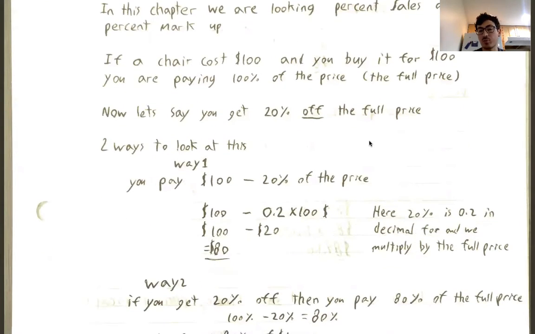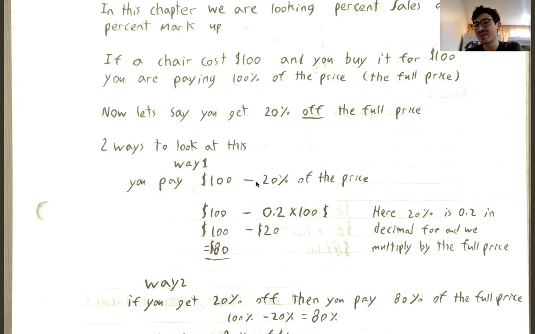We have $100, and now we're going to get 20% off. So that keyword off means you're going to remove it, so we're going to have a minus. We've got $100, and we're going to minus 20% of that price. With our percent, when we want to do a calculation with it, we're going to change that percent into decimal form.